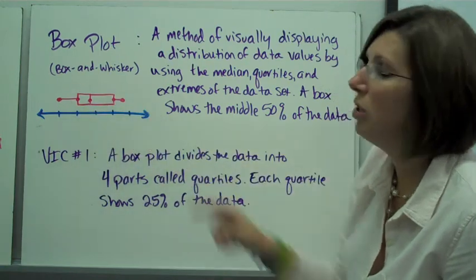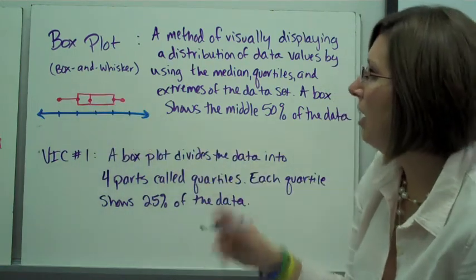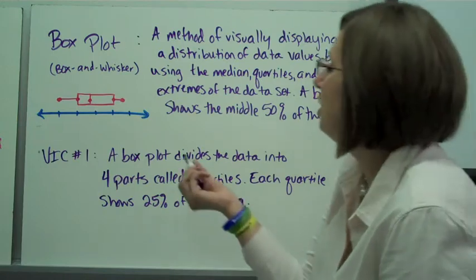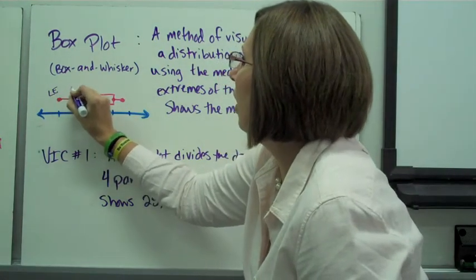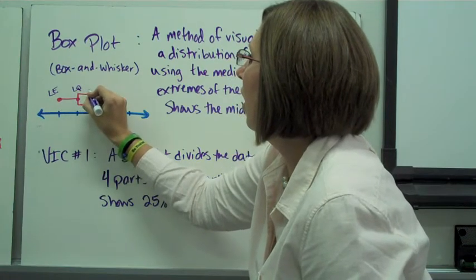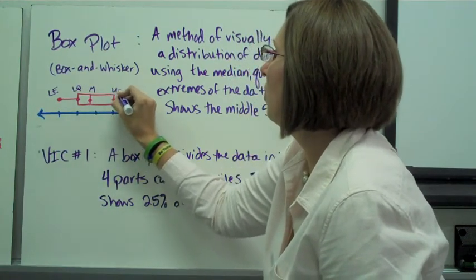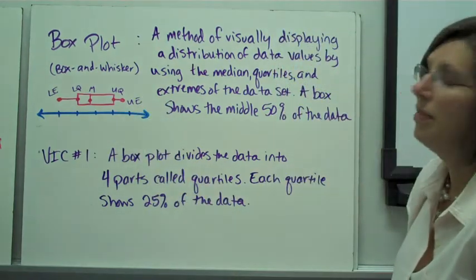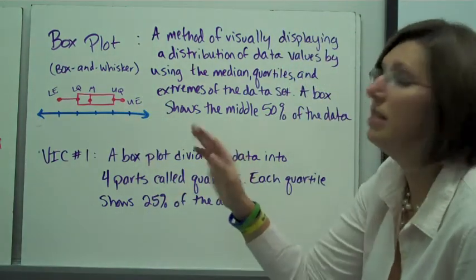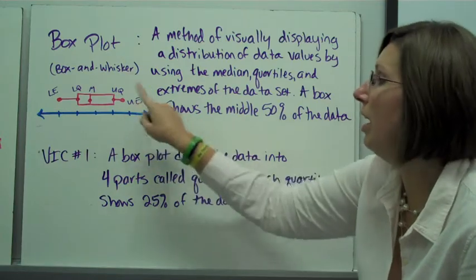And then our extremes are on the very end. So to get you up to speed, this would be our lower extreme, our lower quartile, our median, our upper quartile, and our upper extreme. That's what all of those dots and symbols mean on this plot here.